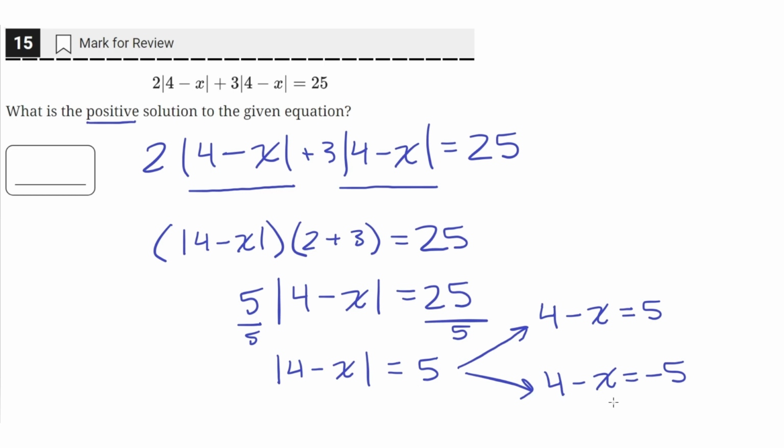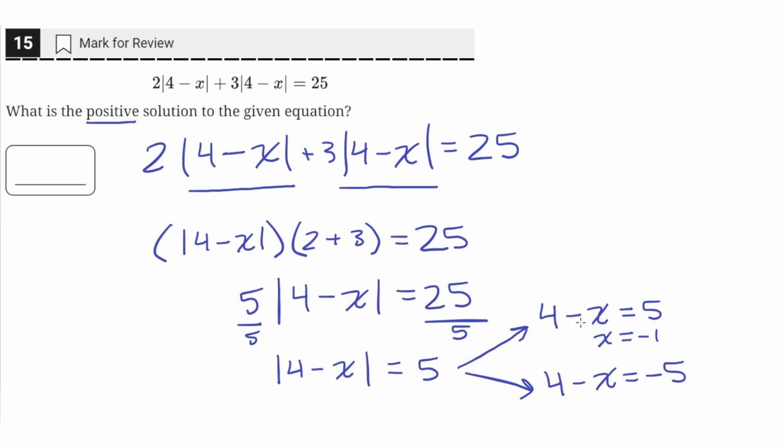But then 4 minus x equals negative 5. So when the quantity in here equals negative 5, the absolute value of a negative number is just its positive version. So absolute value of negative 5 is just 5. So then 5 equals 5, and the equation is still true. Okay, so now we can just solve for the value of x in both of these equations. So the first equation says that the value of x is equal to negative 1.